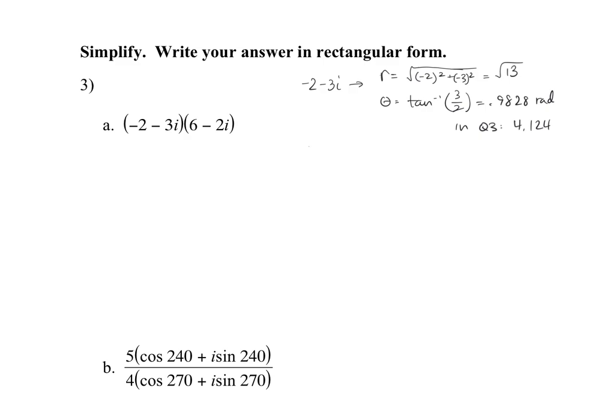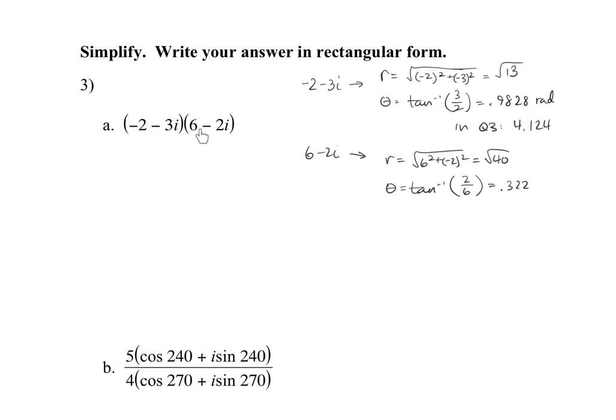Okay, so now for the other one, the square root of 40, and then theta, inverse tangent of 2 over 6, which is 0.322 radians.